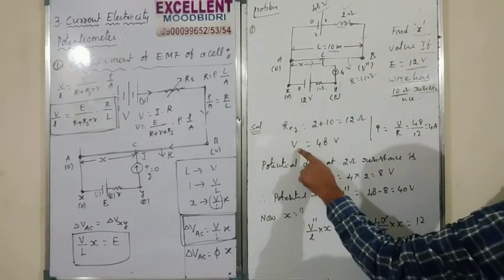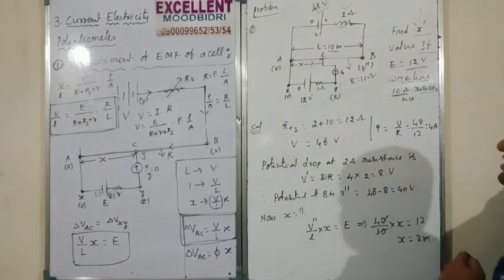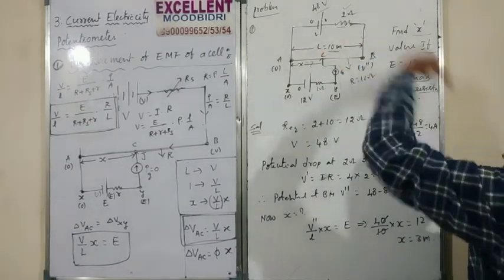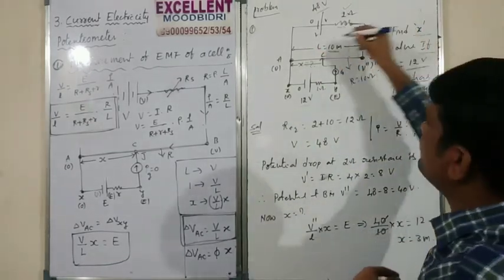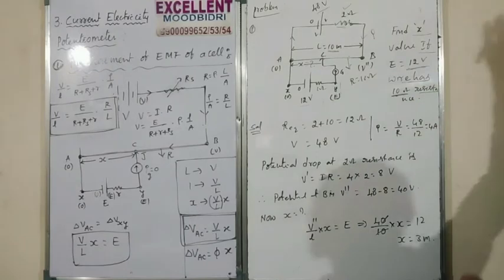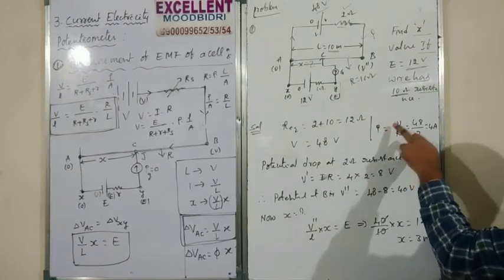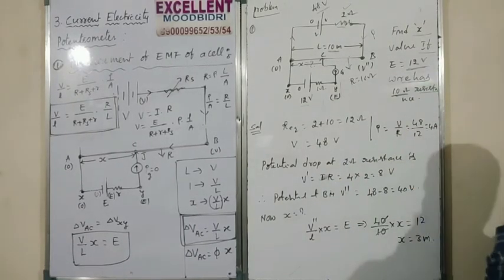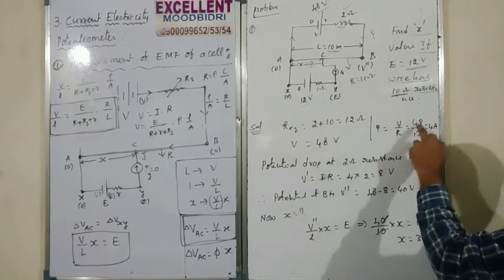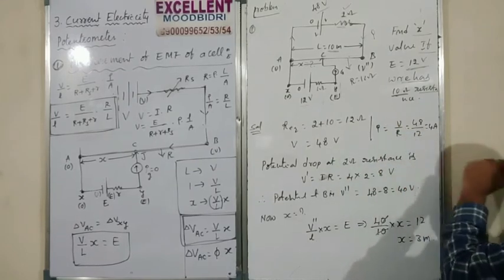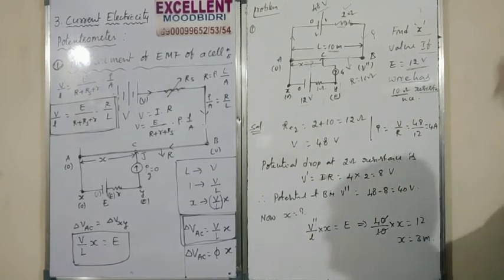How much is the potential difference? V is equal to 48 volt is given. Then how much current can flow in this direction? I is equal to what? I is equal to formula V by R. Therefore, V is 48, R is 12. That is equal to 4 amperes.